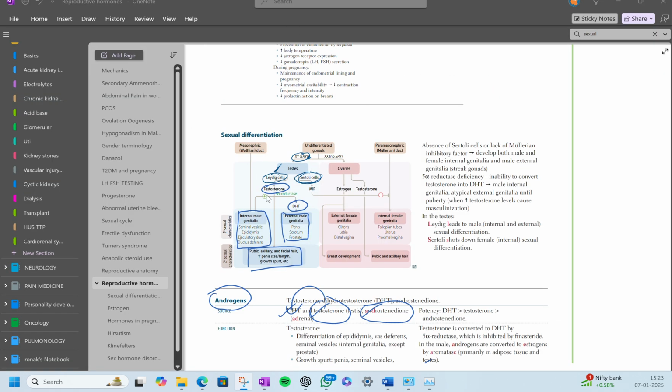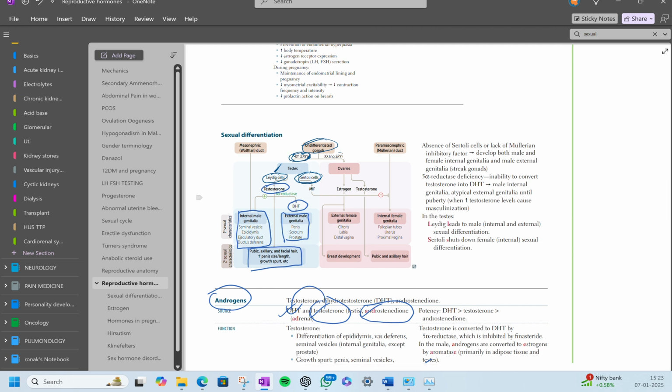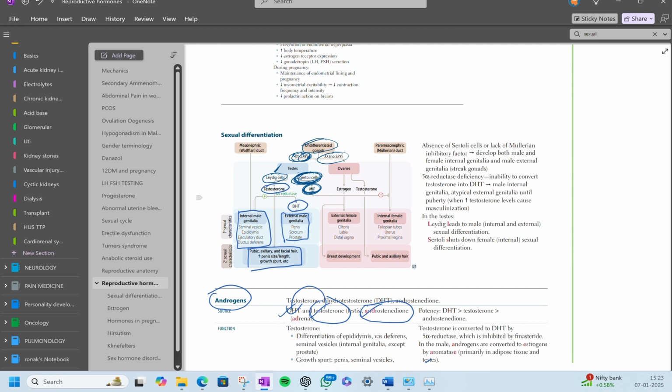So sexual differentiation. Here you have the undifferentiated infantile gonads. Depending on if it's XY or XX, if it's XY, there will be an SRY gene, and the Sertoli cells will produce the Mullerian inhibiting factor, so the female structures will not develop, and then the Leydig cells of the infant will produce testosterone.